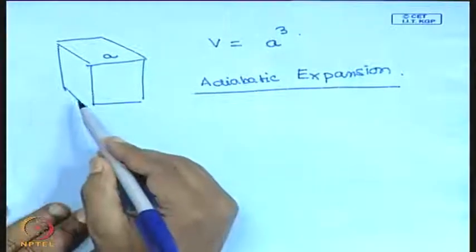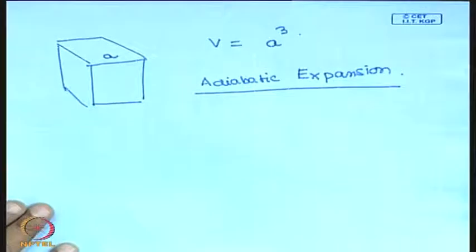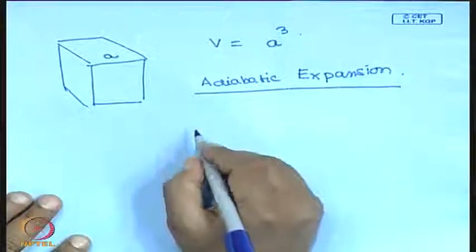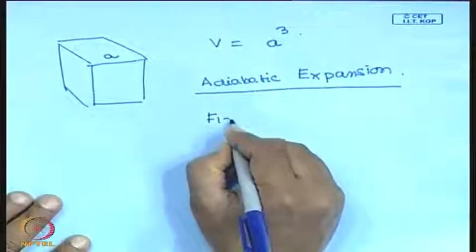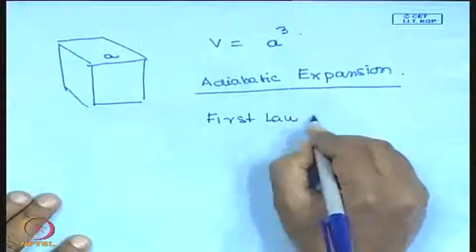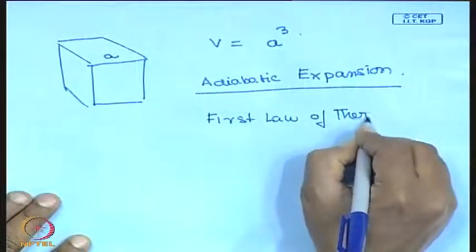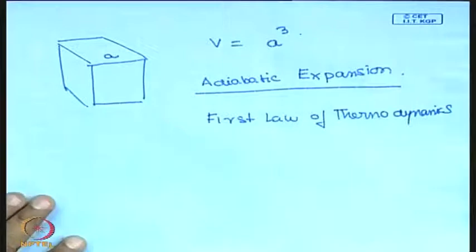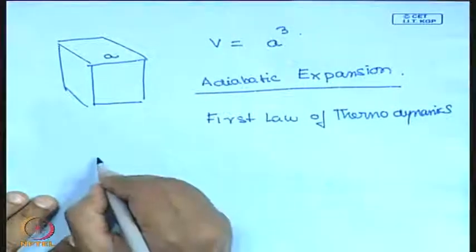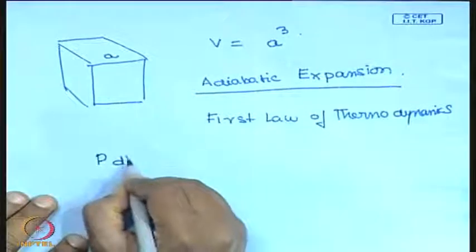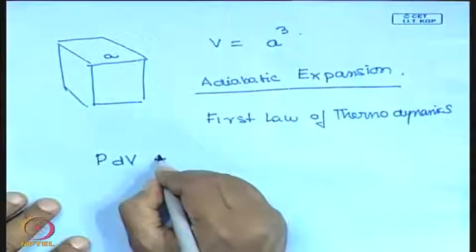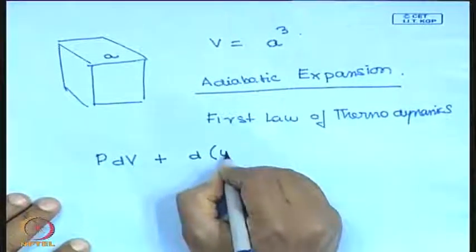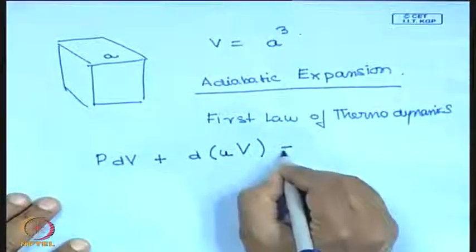So if I take this volume and consider adiabatic expansion, then it has to satisfy the first law of thermodynamics, which is that the pressure times dV plus the change in the internal energy, which is the internal energy per unit volume times the volume, should be equal to 0.